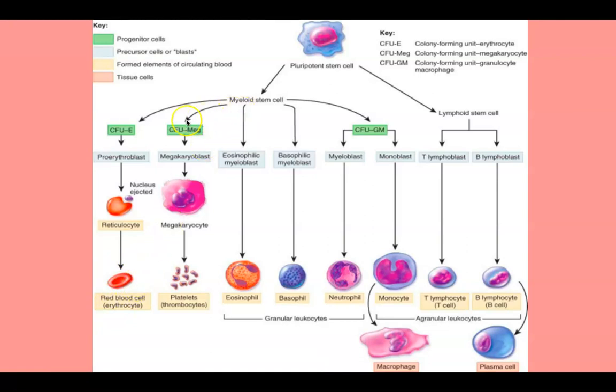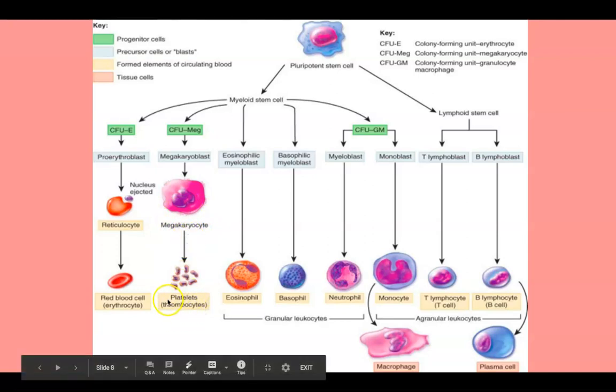Then colony forming unit megakaryocyte forms megakaryoblast, which forms megakaryocyte, and these megakaryocytes are responsible for forming platelets, which we call thrombocytes.